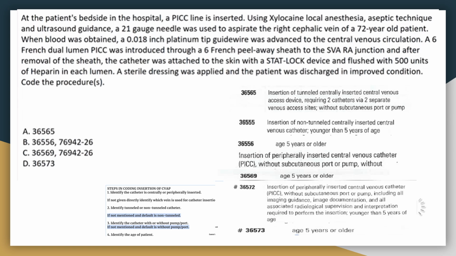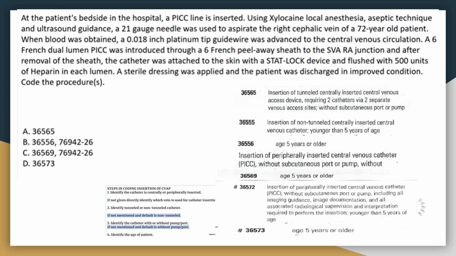At the patient bedside in the hospital, a PICC line is inserted using xylocaine local anesthesia, aseptic technique, and ultrasound guidance. A 21 gauge needle was used to aspirate the right cephalic vein of a 72-year-old patient. When the blood was obtained, a 0.018-inch platinum tip guide wire was advanced to the central venous circulation.